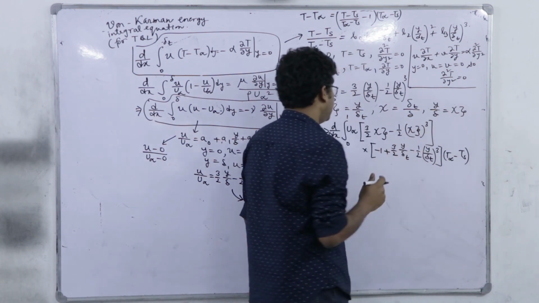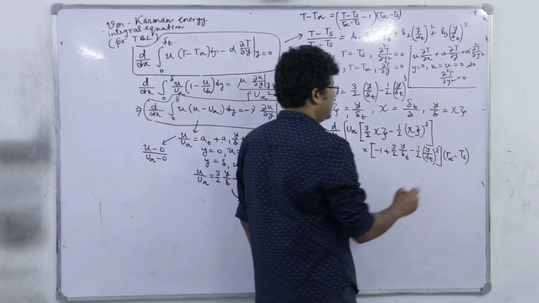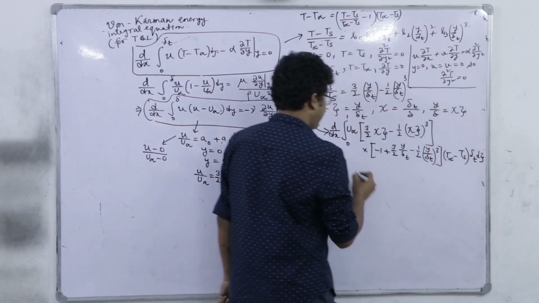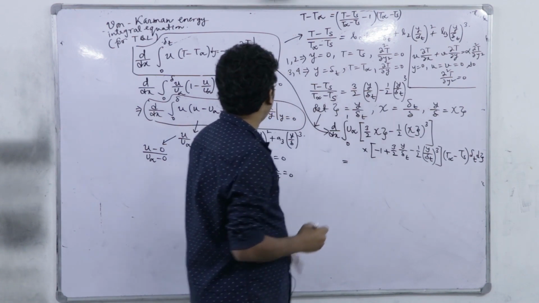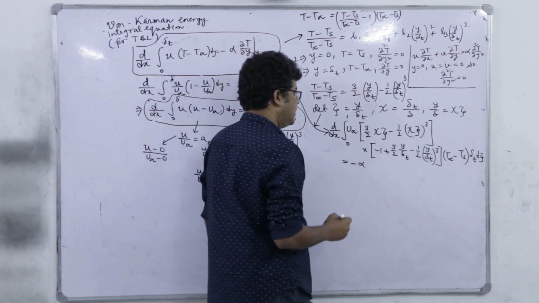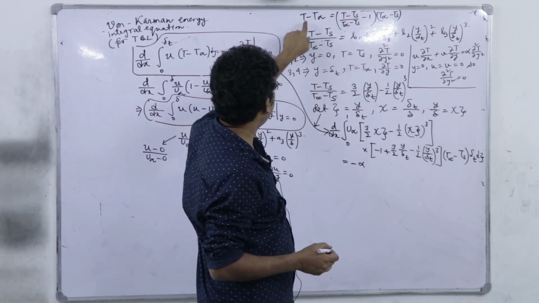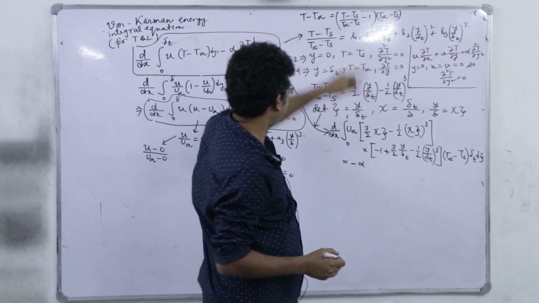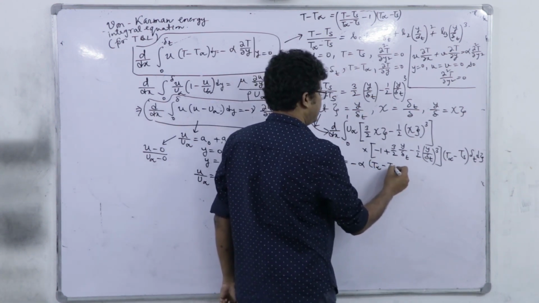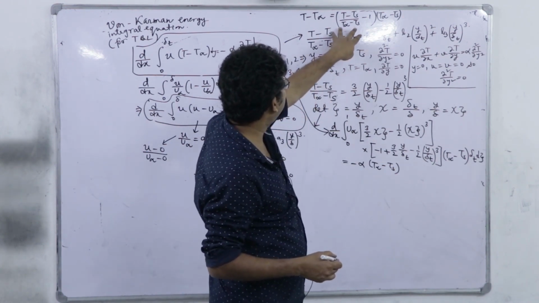Now dy is d zeta into delta T. So it is delta T into d zeta. And on this side we have minus alpha into del T del Y. So minus alpha, keep it as it is. Now del T del Y is equal to T infinity minus Ts multiplied by the derivative of it.